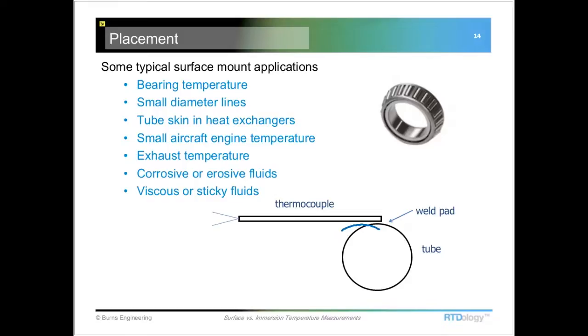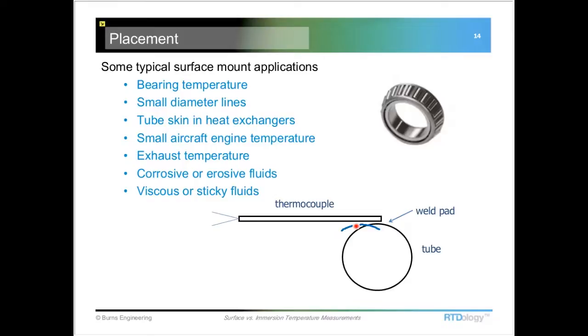And then also for tube skin heat exchangers, and I see a little diagram here got a little messed up somehow. But anyway, this would be the little weld pad that would get welded onto the tube. And these are typically used with thermocouples. They get a real fast time response and real intimate contact with the tube that you're trying to measure. Exhaust temperature is a very common application for a surface mount sensor.